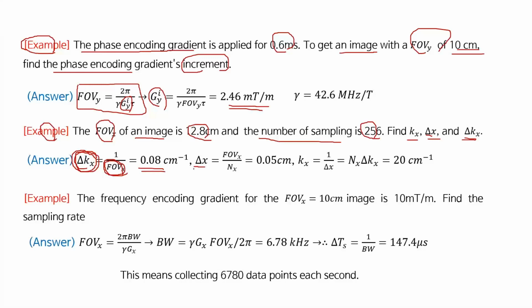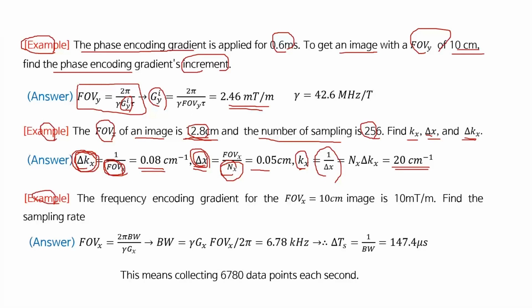And delta x, we have for FOVx divided by Nx, then we can have pixel size in real space, and the Kx is equal to 1 over delta x, so we can have this value.